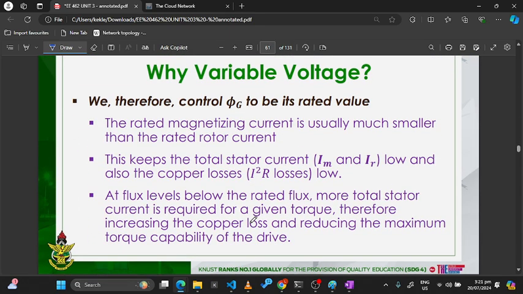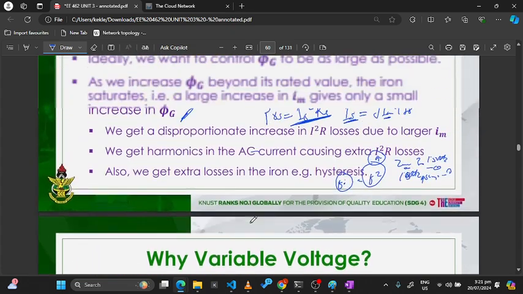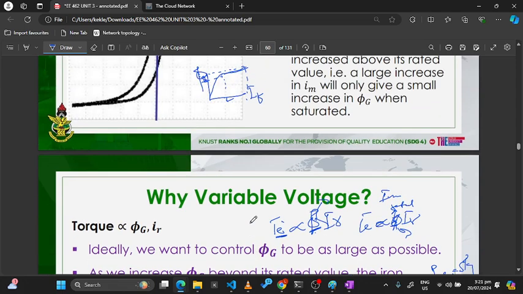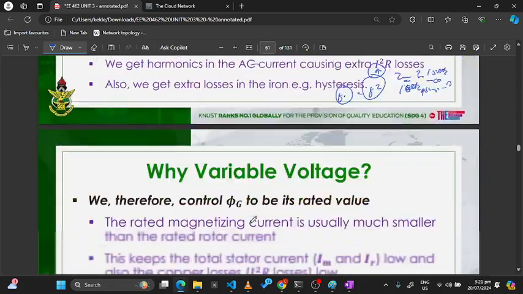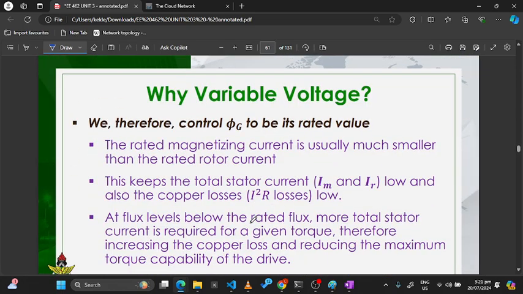So why variable voltage? So we therefore control the flux to be its rated value. So we increase Im until we get the rated flux. Once we get to the rated flux, we don't increase Im anymore. We keep Im constant.